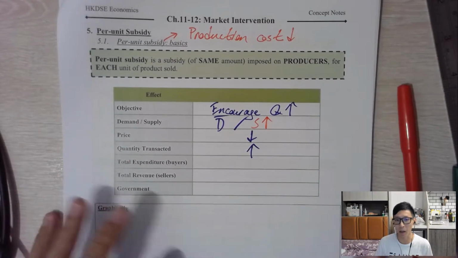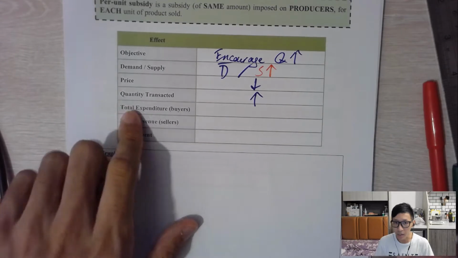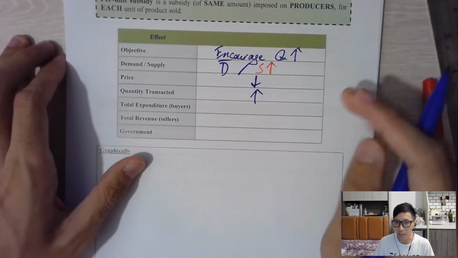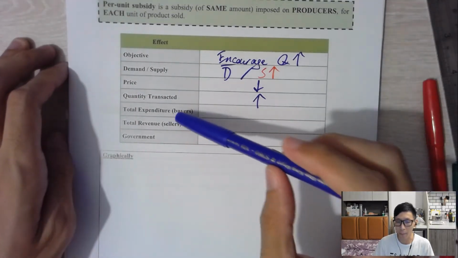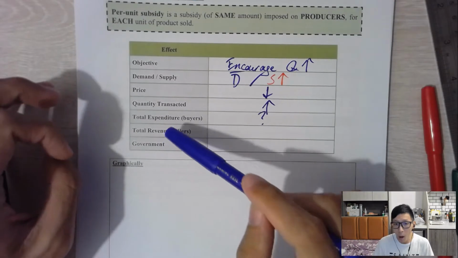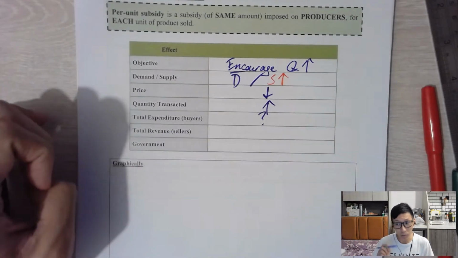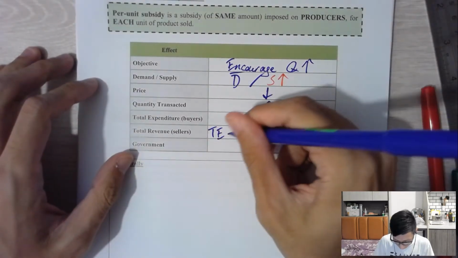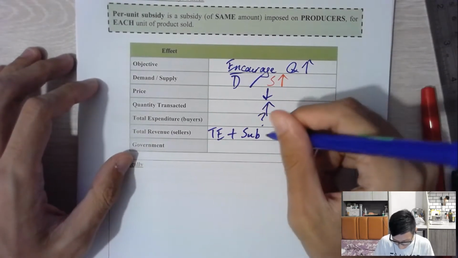Therefore, our supply would increase. Here, P decreases and Q increases. Do you know what happens to total expenditure? It is actually uncertain. While for total revenue, this time it is total expenditure plus subsidy.